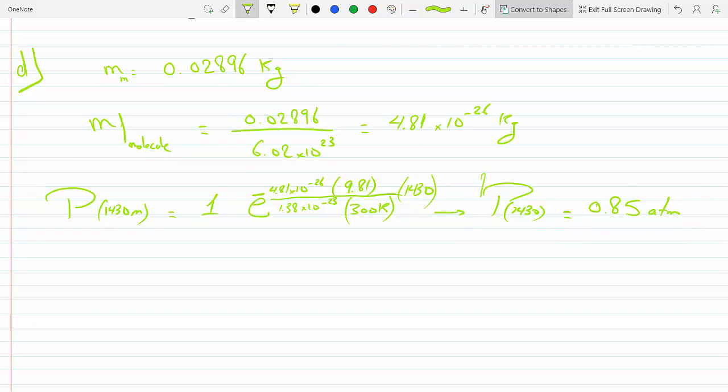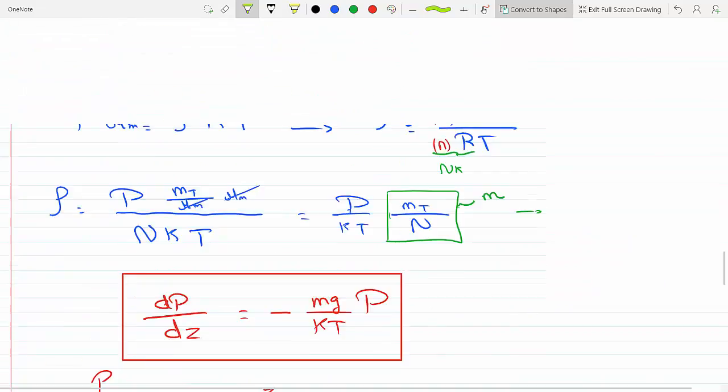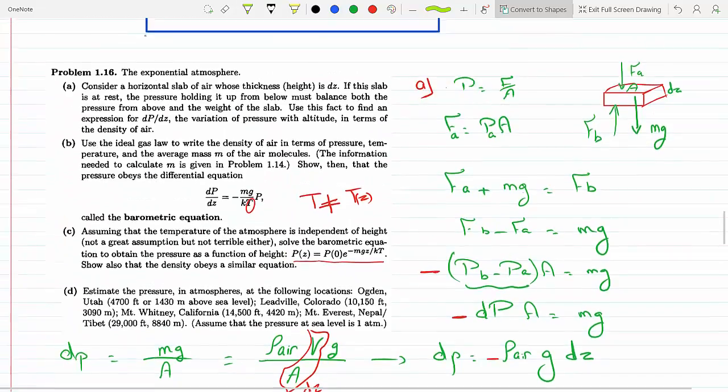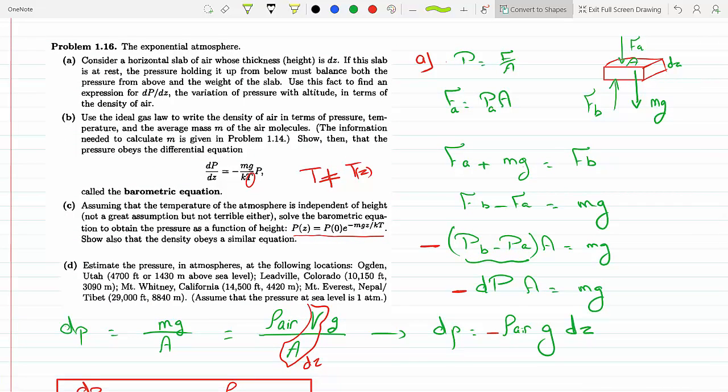And the same applies for the last two, except it will be different numbers, different z. This concludes that question. Problem 116.